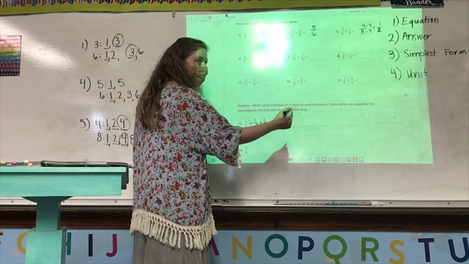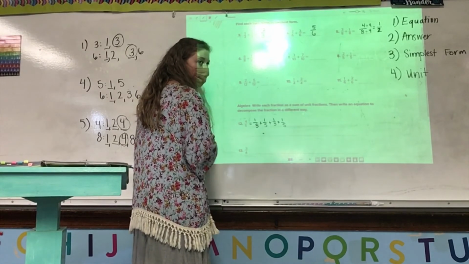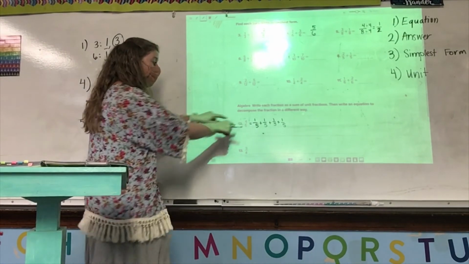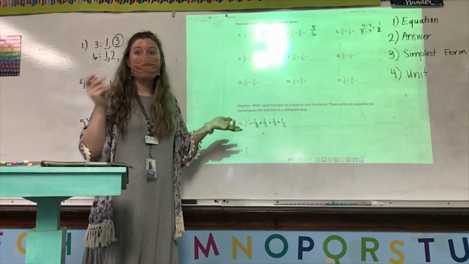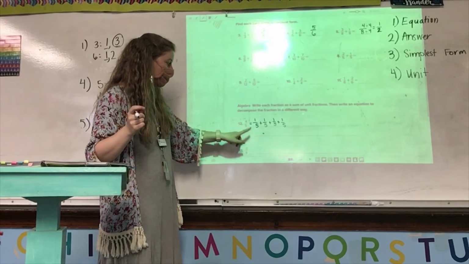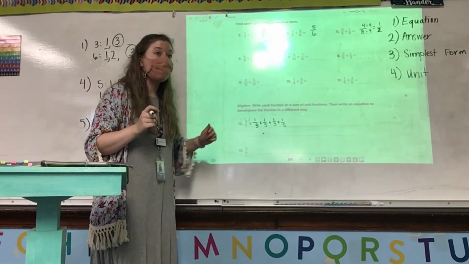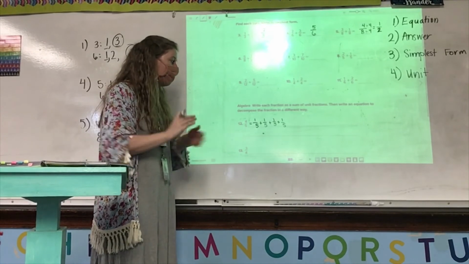Are we done? Whatever our numerator is, that's how many unit fractions we add together. Our numerator is 4, so we have 1, 2, 3, 4 unit fractions with 5 as a denominator. Good, so there's the first part.